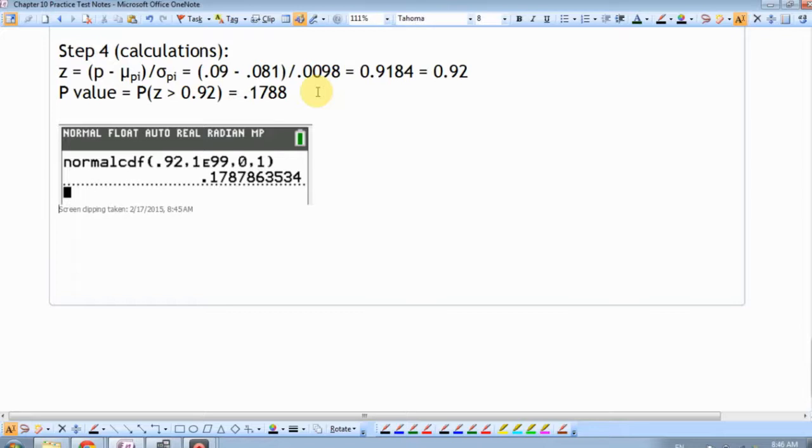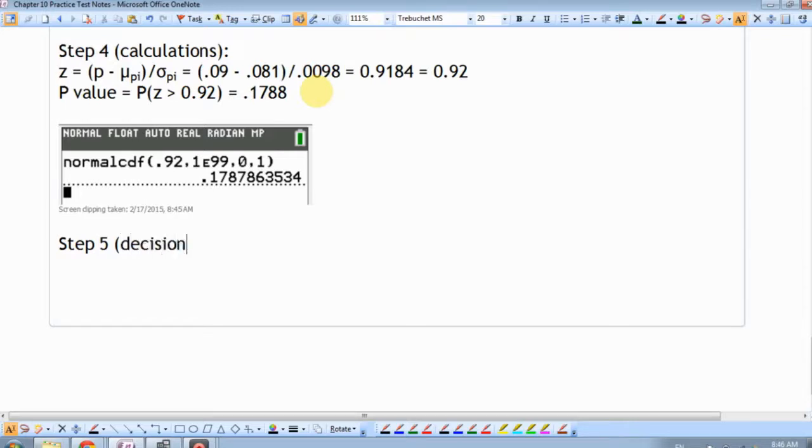That's all the calculation we need to do. Since it doesn't give us alpha, we're going to use the 5%.